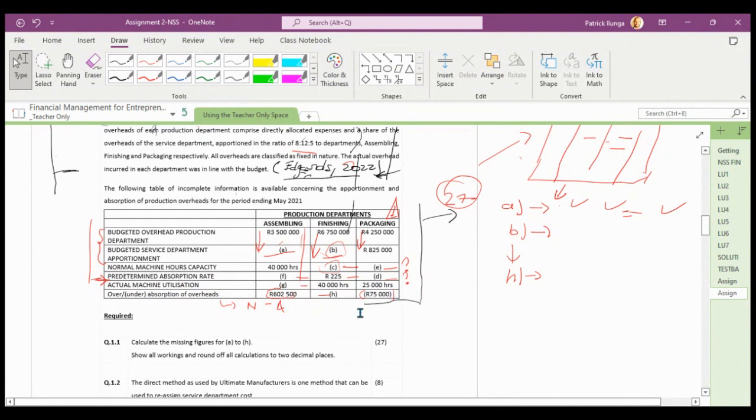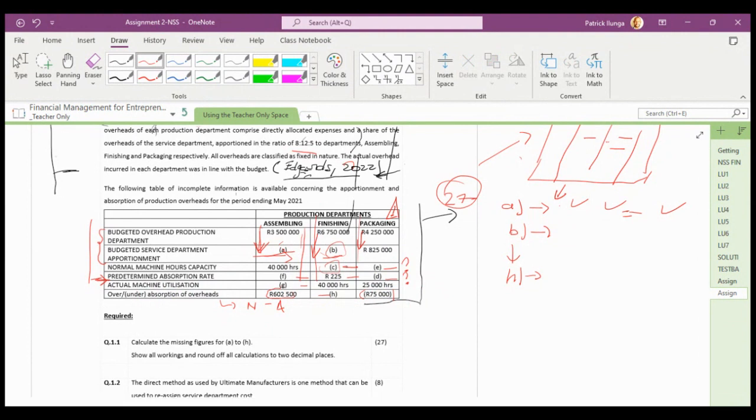So again, guys, if you're listening, remember I did say, instead of you going this way, A, B, and solving it this way, if you solve it this way, you're going down like this. So you solve for assembling, for finishing, and for packaging. It will be much easier. That already will make it easier when you are looking at packaging.